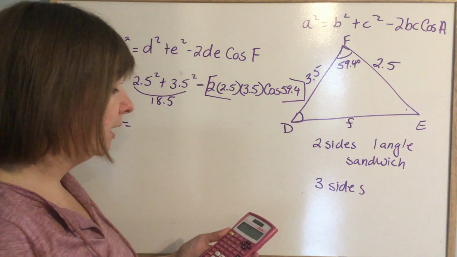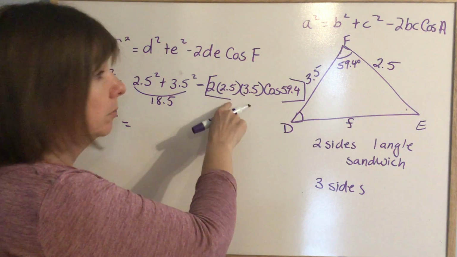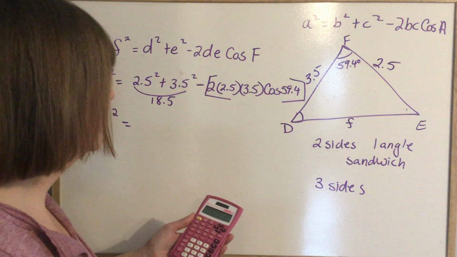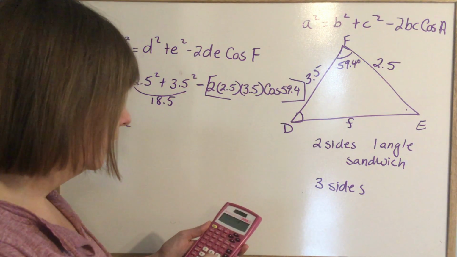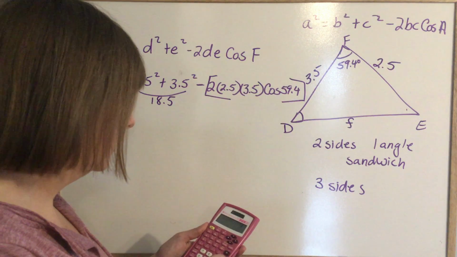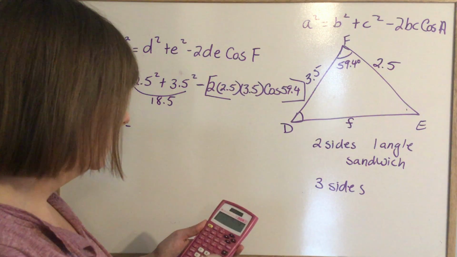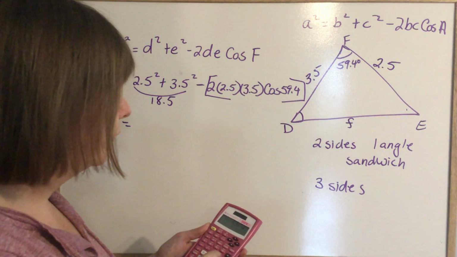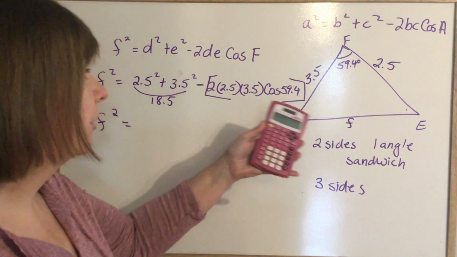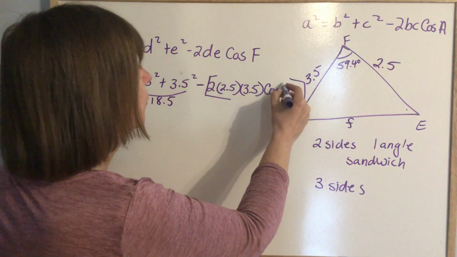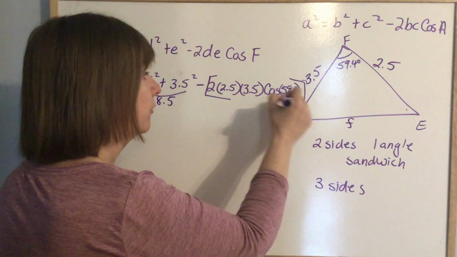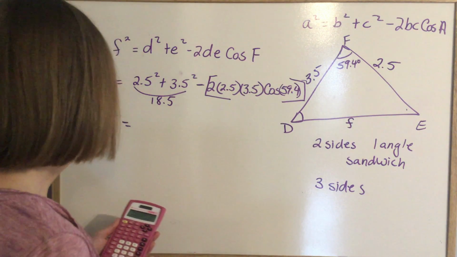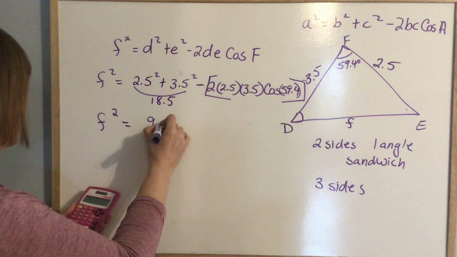And then I'm going to put minus, and I'm actually going to use my bracket button. I'm going to say 2 times 2.5 times 3.5 times cos of 59.4. And for me, I have to put a couple of brackets on the end because I have to close brackets around this. Now I'm going to hit equals, and so the whole thing is equal to 9.59.